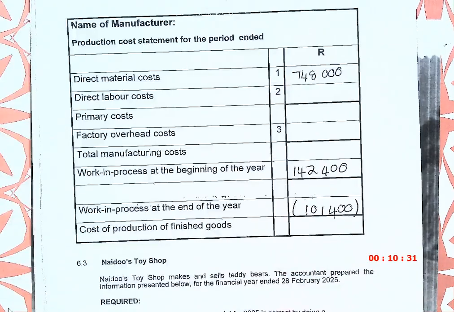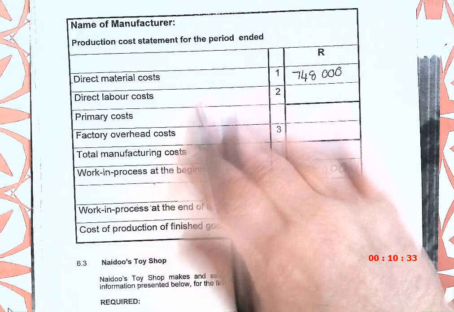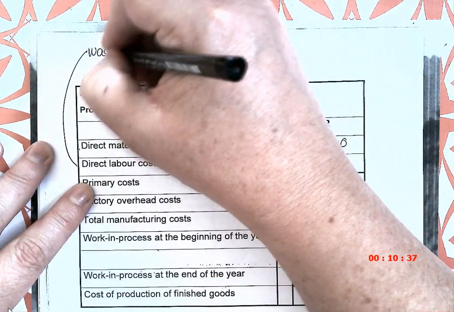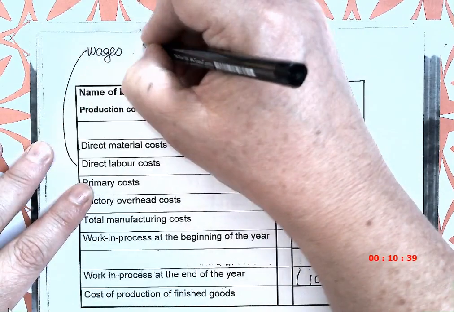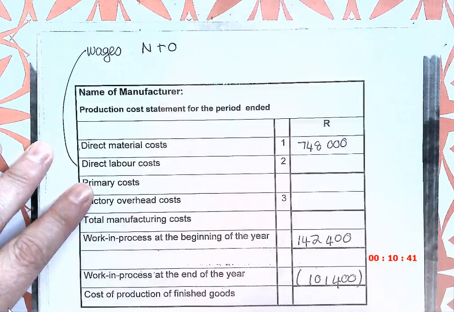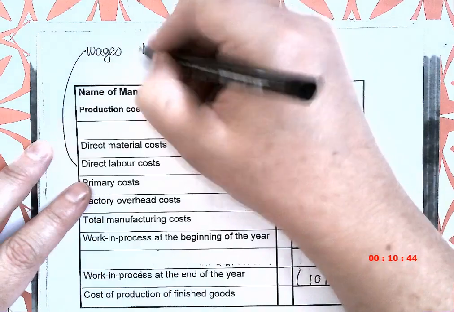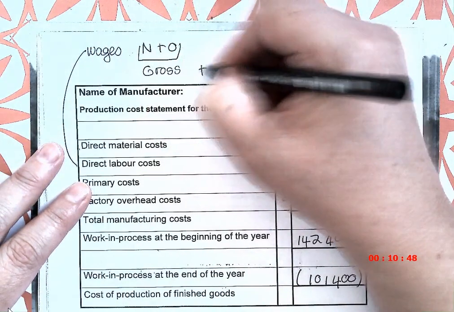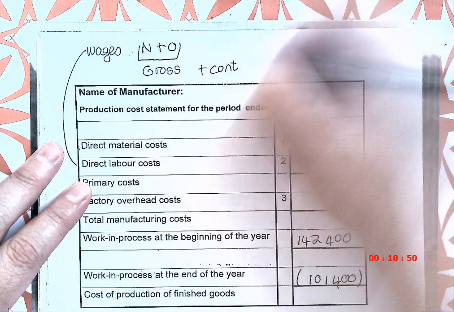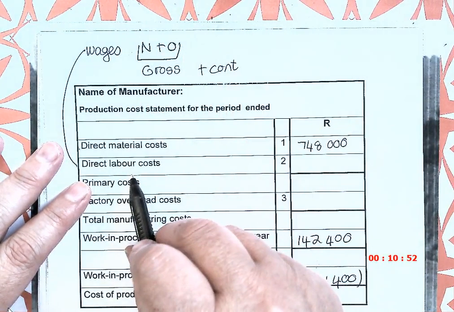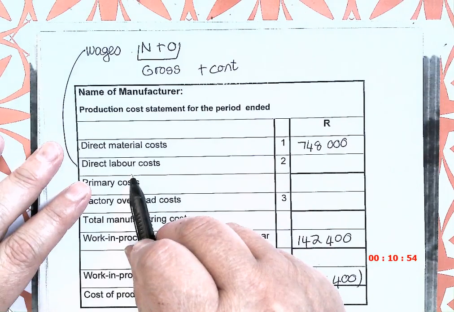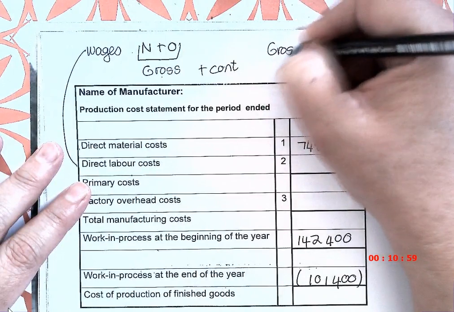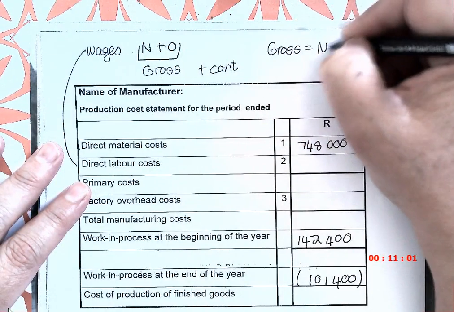Okay, now direct labor cost. Remember, direct labor is wages. The moment we have wages, we have normal time and we have overtime, and that forms gross. The gross and the contribution give me my whole expense. I also have to remember the gross is equal to the net and the deductions.